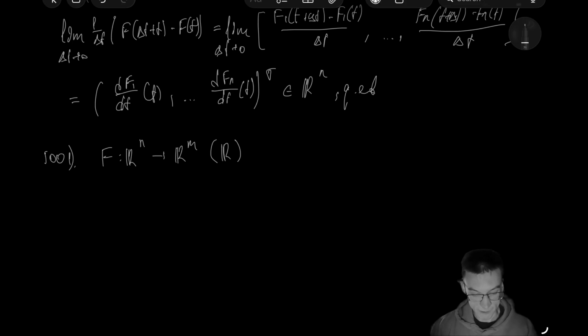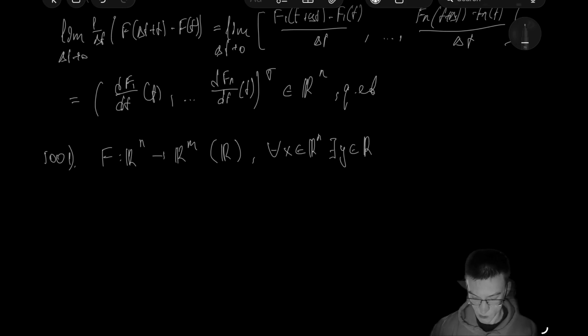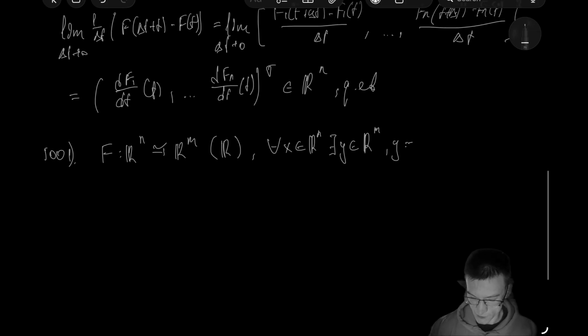But what is particularly interesting here is that for any vector x belonging to n-dimensional hyperspace, there exists some vector y which belongs to Rm. Let's say that this is an isomorphic linear mapping, but it's just called this way for simplicity. And then this y is defined as follows.